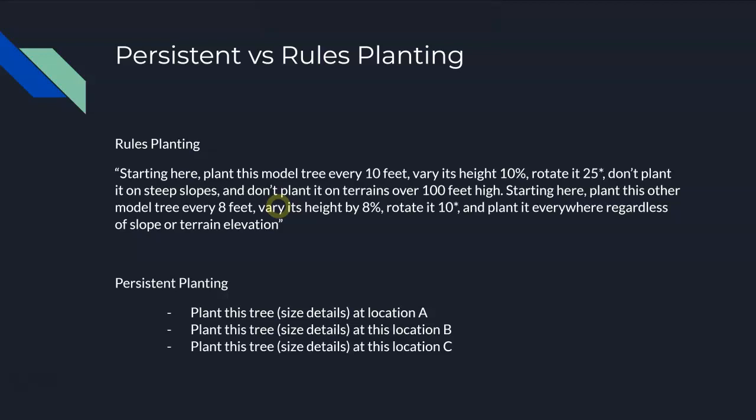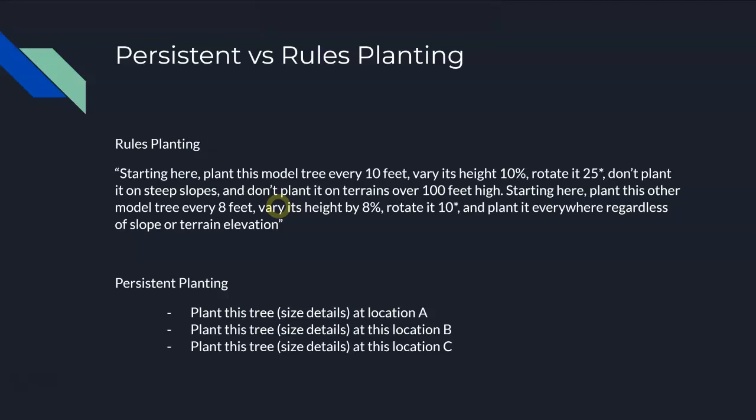And every time you plant it, vary its height by 10%. Every time you plant it, rotate it 25 degrees or randomly. Don't plant it on really steep slopes, and don't plant it anywhere where the terrain is higher than 100 feet from our base level, okay?